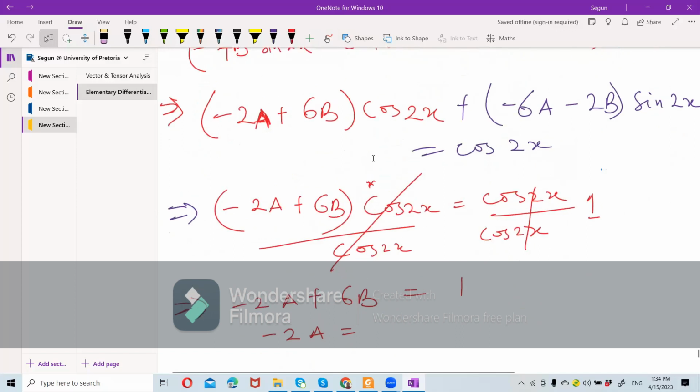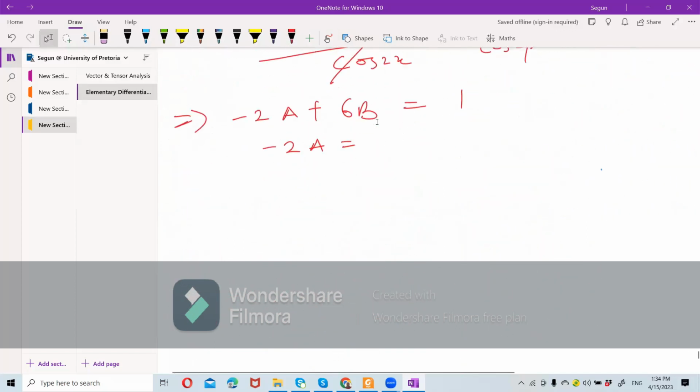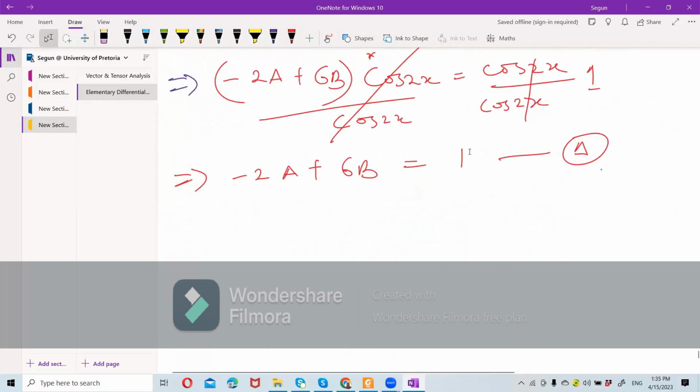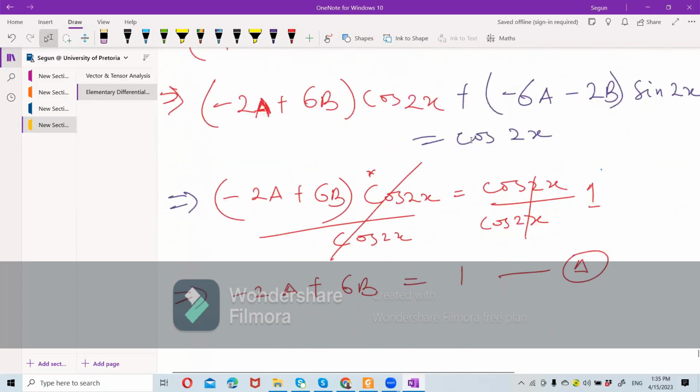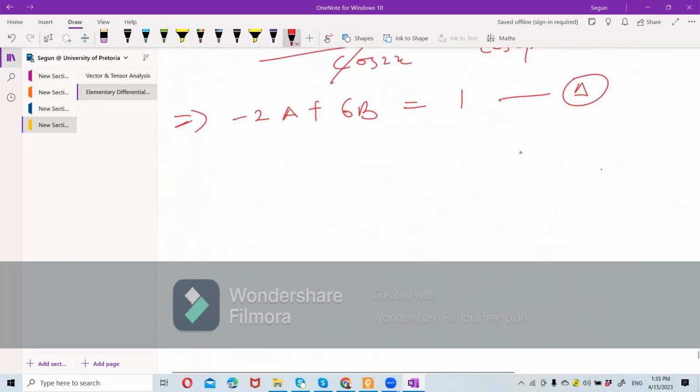Let's look at the second one. Let's call this one equation triangle. Let's write the second one out so that it will be easier for us. What is the equation, please?